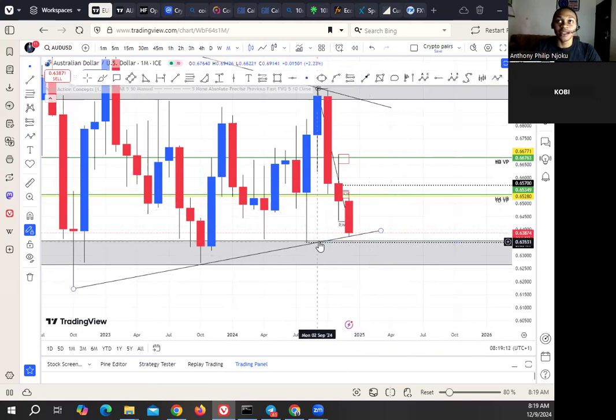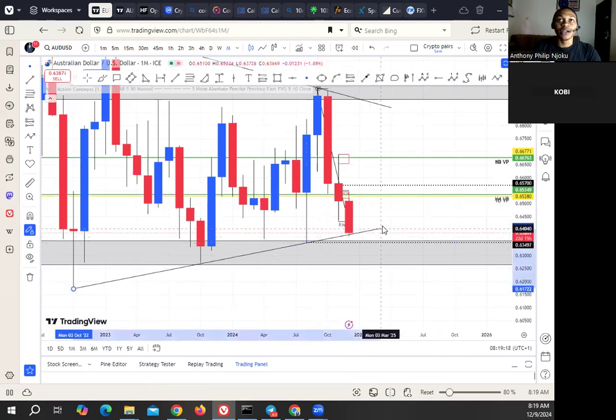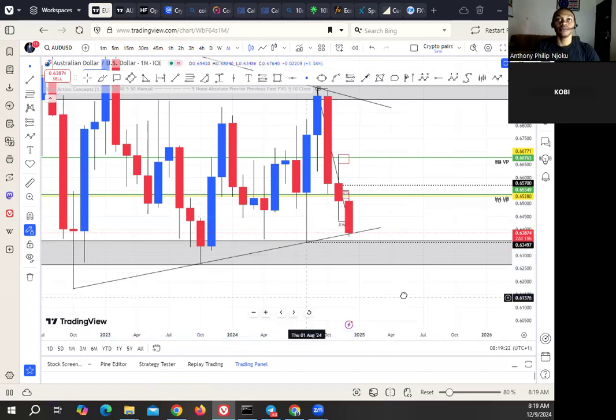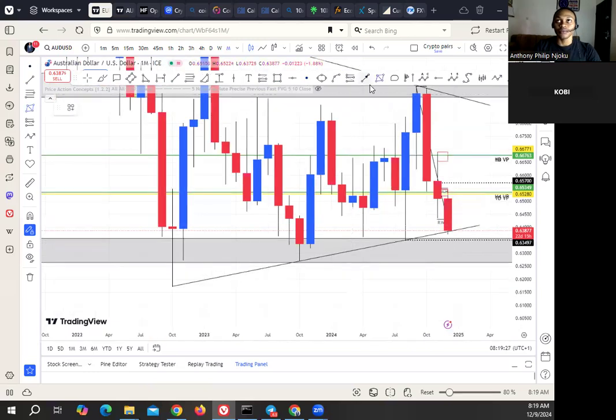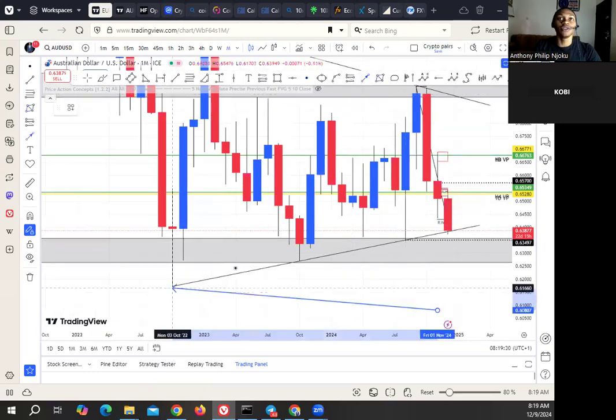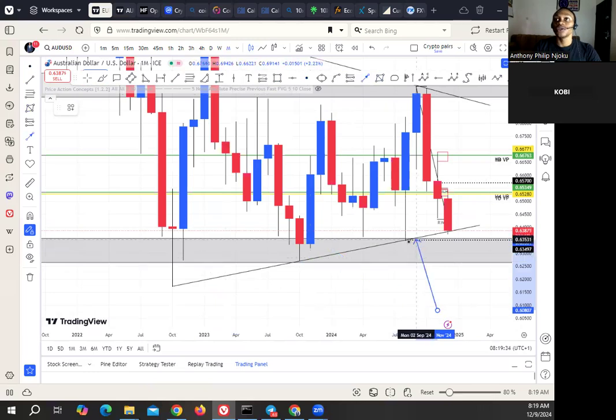After this liquidity is taken below this low, I mark this point here. There is this touch, second touch, third touch, okay?